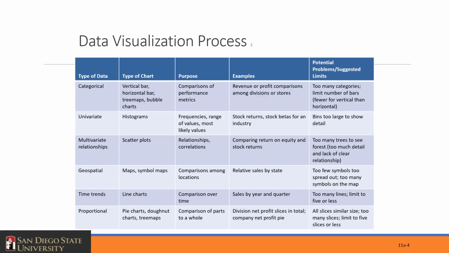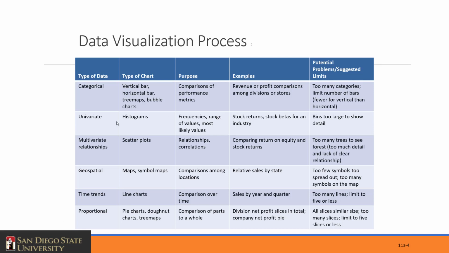Now let's look at the types of common data analysis that we can present using the data tools. This table shows you the type of data, what type of chart to use, the purpose of the chart, and examples. First, you may have data that is in different categories. So that is categorical data.